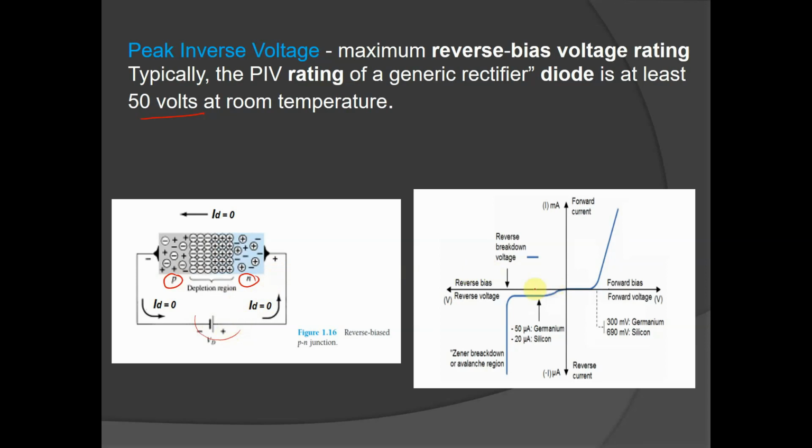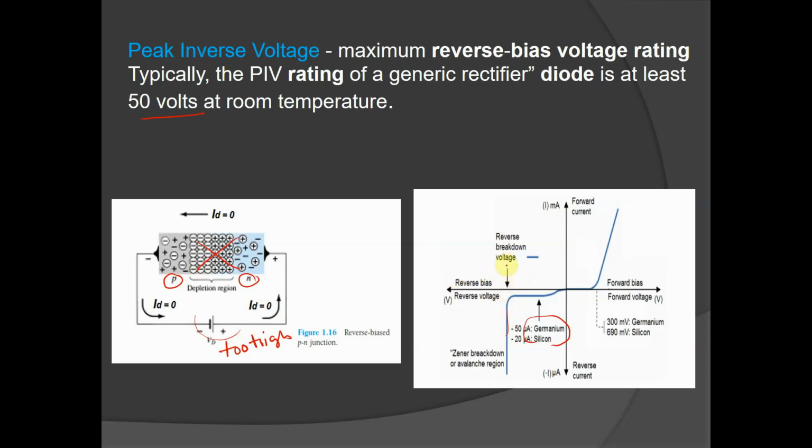So what if I keep on increasing the voltage? Of course, the diode current is very small, and after some time there will be a leakage current, very, very small, 50 microamperes or 20 microamperes for silicon. And after that, if the voltage is too high, the diode will break down. It can no longer control the excessive current.